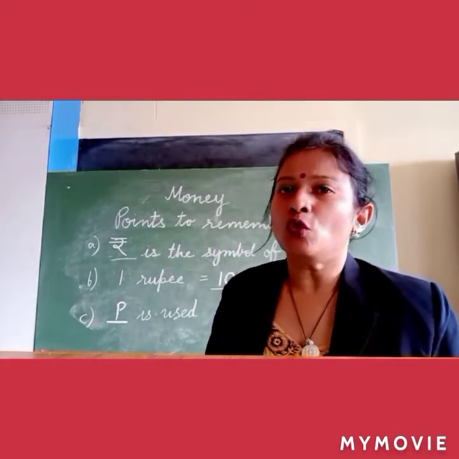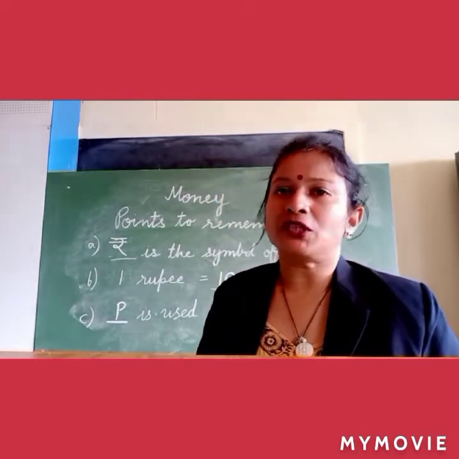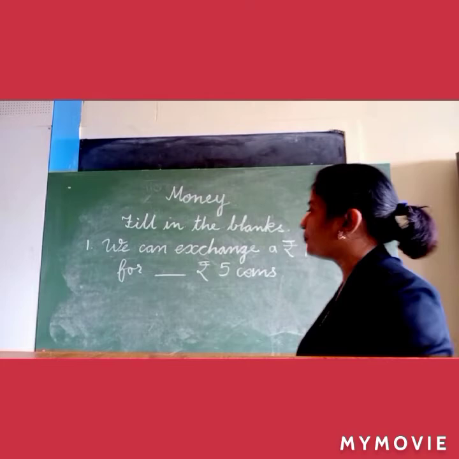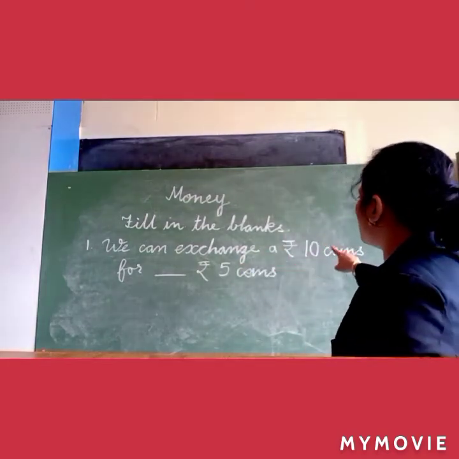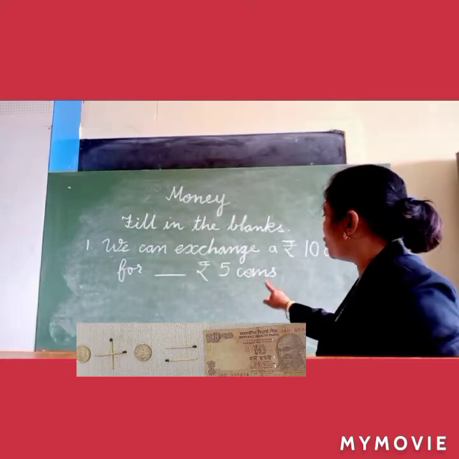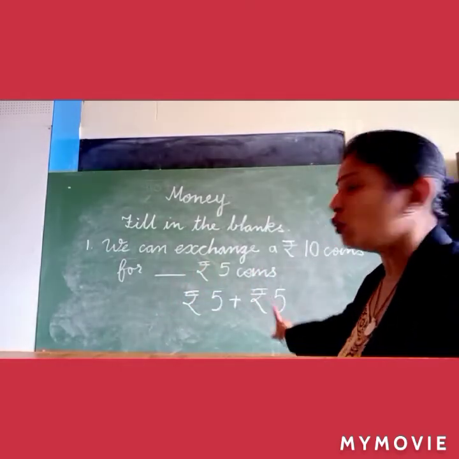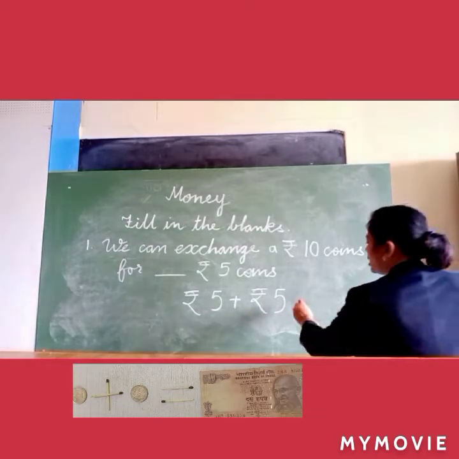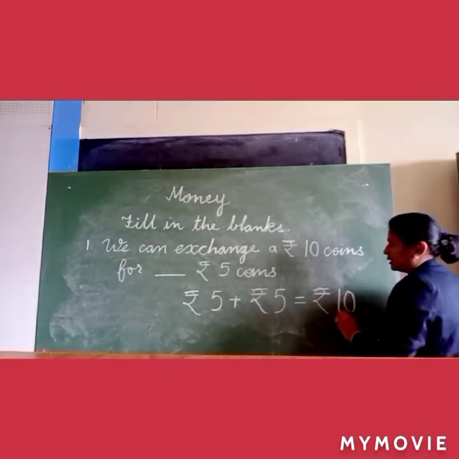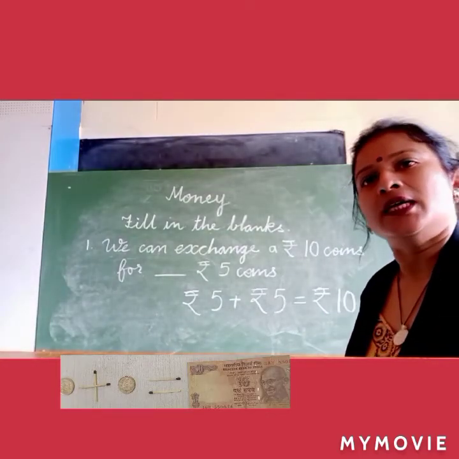Let's come to fill up the blanks given on page number 143. First fill up the blank is, we can exchange a rupee 10 coin for dash rupee 5 coins. It means if you have two 5 rupees coins, then it will be equal to 10 rupees. 5 plus 5 is 10.